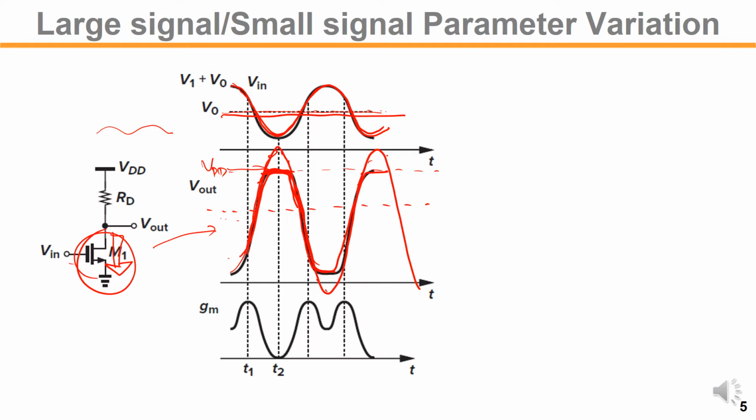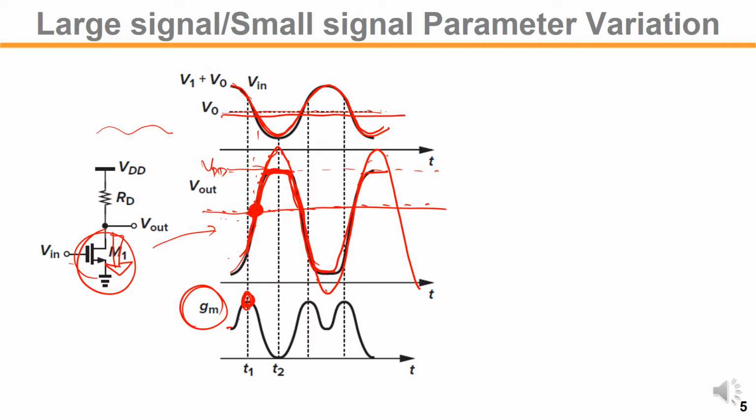If you track the operating point and find the transconductance, it looks like this. When the input is at the proper bias level, your GM is maximized.